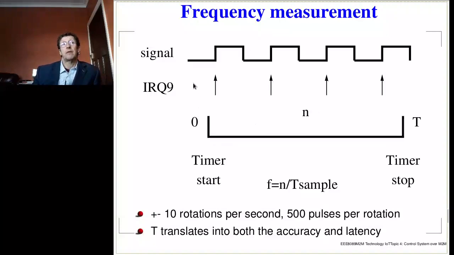If your rotational speed is very, very low, then you have to either increase this period, or say that, well, unfortunately my measurement is rubbish, because the number of pulses which I'm counting within this interval is just not enough. So direct frequency measurement is good if this interval is long enough and the number of those pulses is significant.